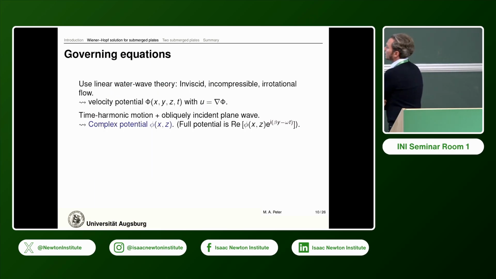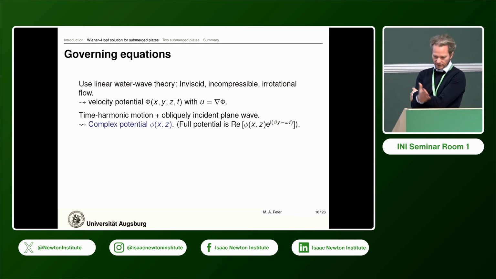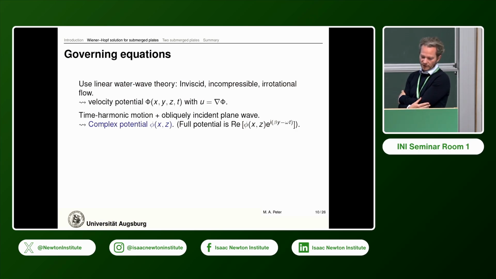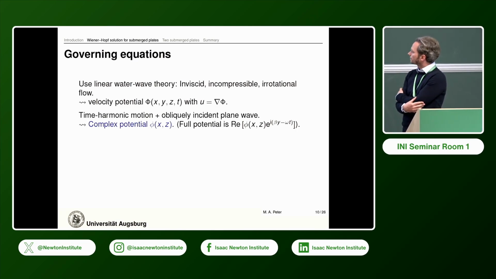So, to be a bit more precise, what am I looking at? It's basically the same framework that Mike discussed as linear water wave theory. So assuming inviscid, incompressible, irrotational flow. So I'm working with a velocity potential, and I look at time harmonic motion.